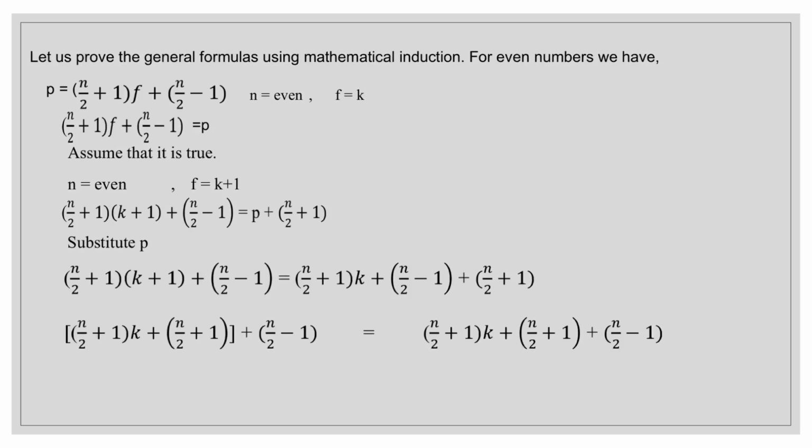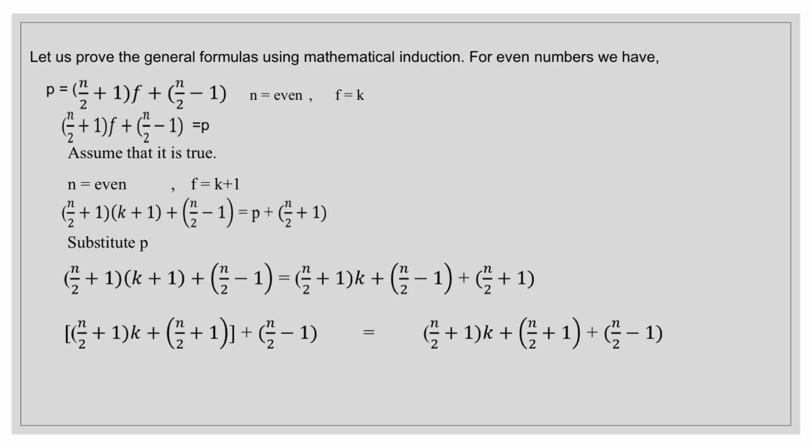So, our final answer is n over 2 plus 1 multiplied by K plus quantity n over 2 plus 1 plus quantity n over 2 minus 1 is equal to n over 2 plus 1 multiplied by K plus n over 2 plus 1 plus n over 2 minus 1.